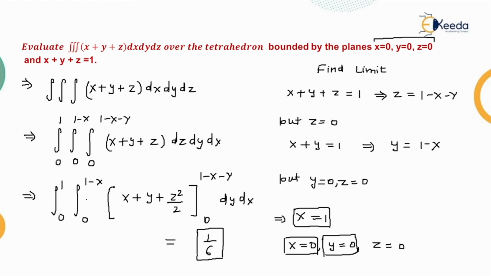Let me perform one other question. Let's see. Well, my friends, if a triple integration is given to you, I'm just taking another example here. The function is z to the power 5 plus z, and you have to perform the integration with respect to x, with respect to y, and with respect to z.